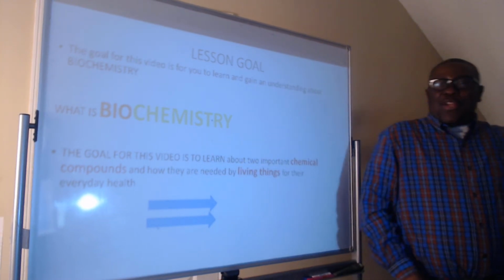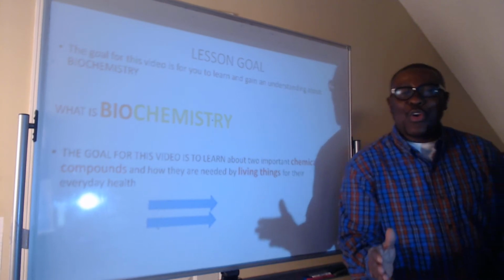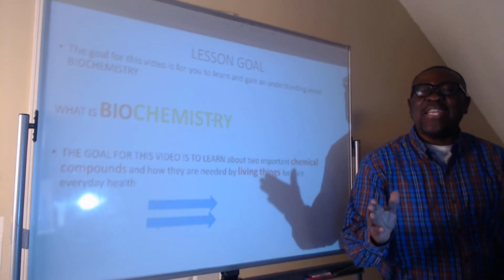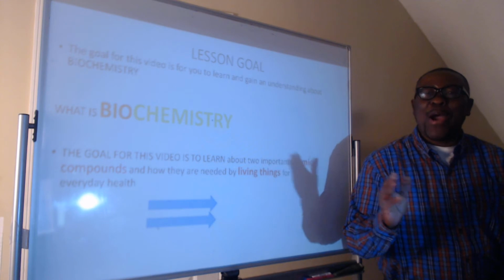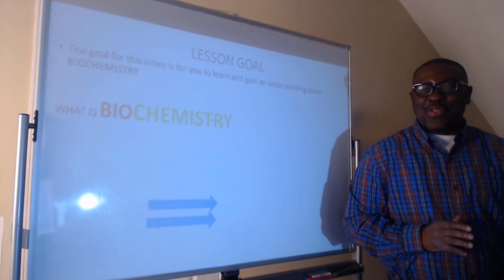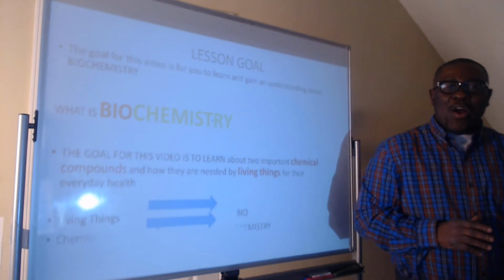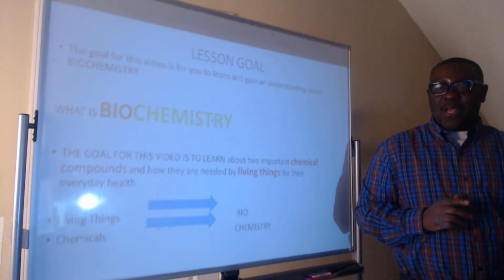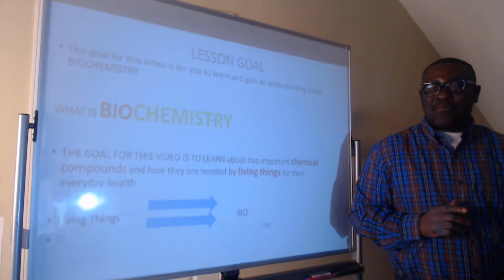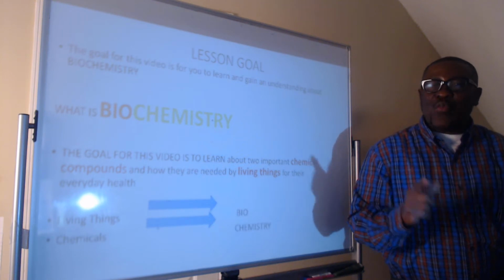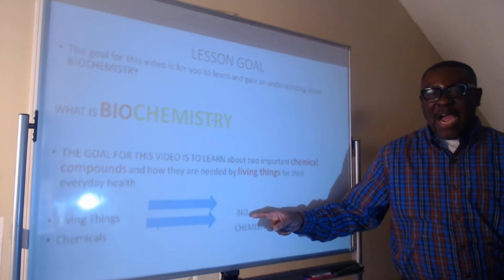Okay, all right, now let's go to the arrow. The arrow is going to more or less give you a hint about what we mean by biochemistry. Let's go and see what it says. Okay, here we go. Living things. Look at the word living things. Anytime you hear the word living things, what comes to mind? Bio.